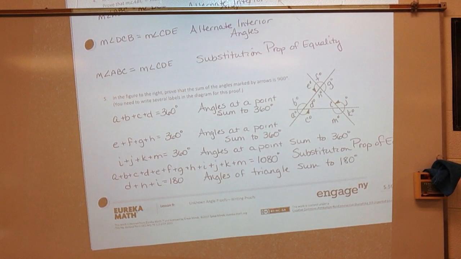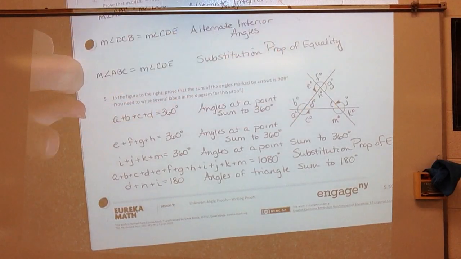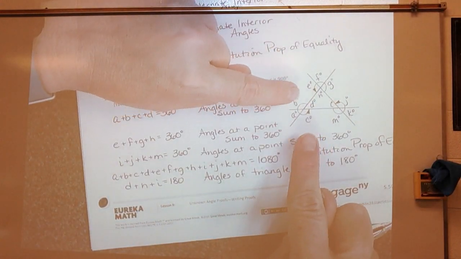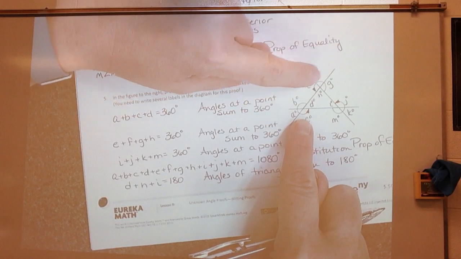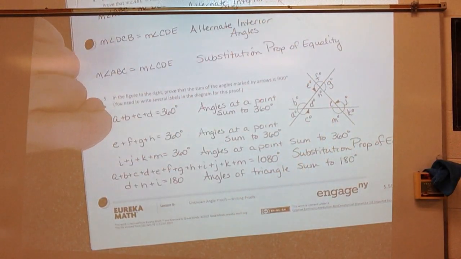So now it wants us to prove that the angles marked by the arrows. So let's look at that. A, B, C, E, F, G, and K, J equal 900 degrees.